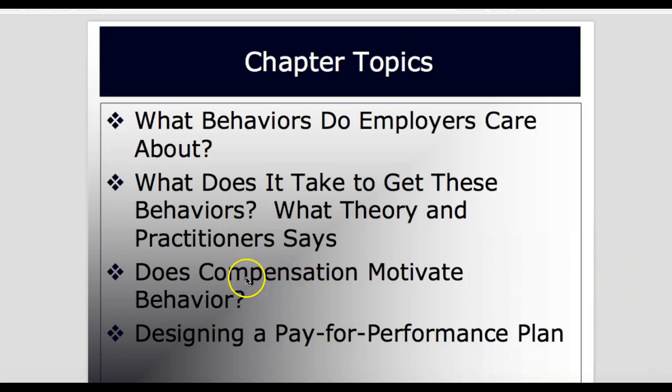And then the question becomes, does compensation motivate behavior? Meaning, can compensation not just motivate, but also extinguish behavior? Let me put it this way, motivate attendance or extinguish tardiness. So this is a concept that's very important.